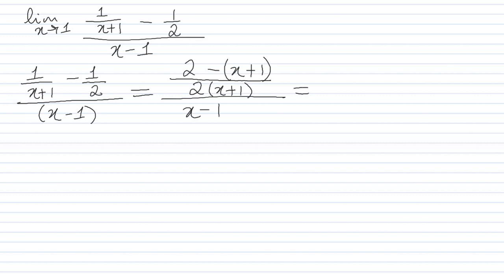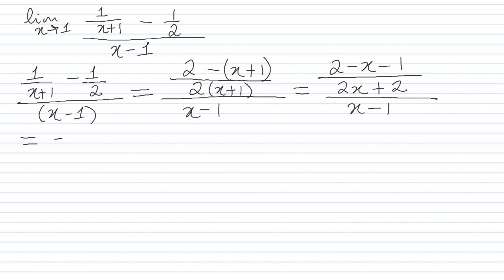So you end up with 2 minus x minus 1 divided by 2x plus 2, divided by x minus 1. I just did 2x plus 2. So we end up with 2 minus x minus 1, which is the same thing as 2 minus 1, is what? 2 minus 1 is 1. So we have minus x plus 1 divided by 2x plus 2 divided by x minus 1.